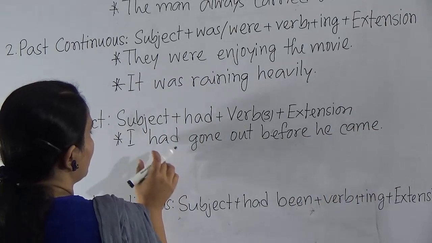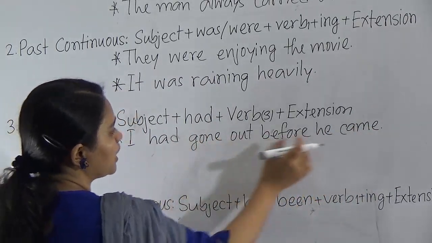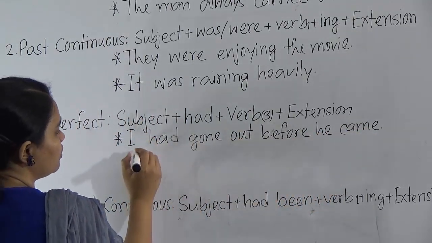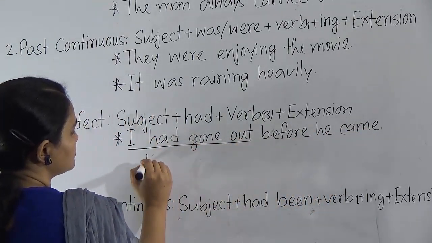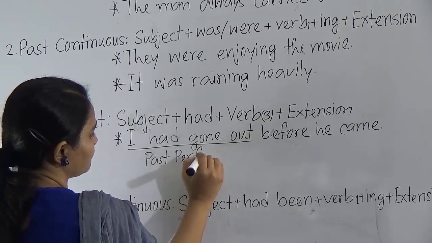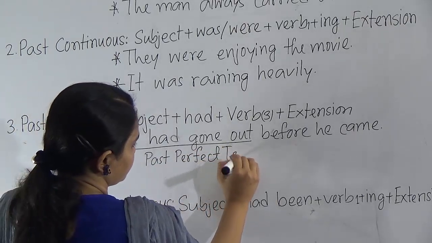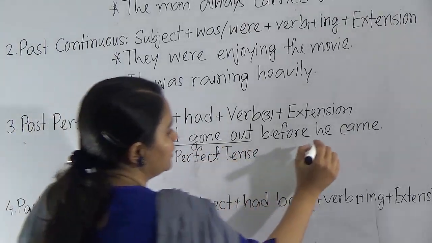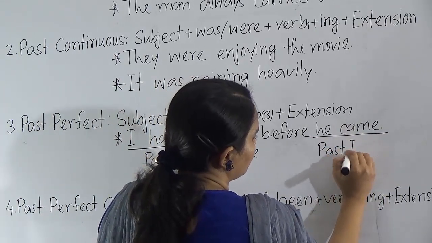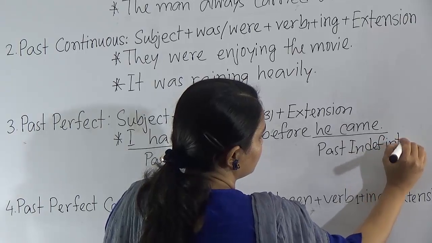Now look, I had gone out before he came. There are two actions: I had gone out, and he came. So which happened earlier? I had gone out. So this is past perfect tense, and he came is past indefinite tense.